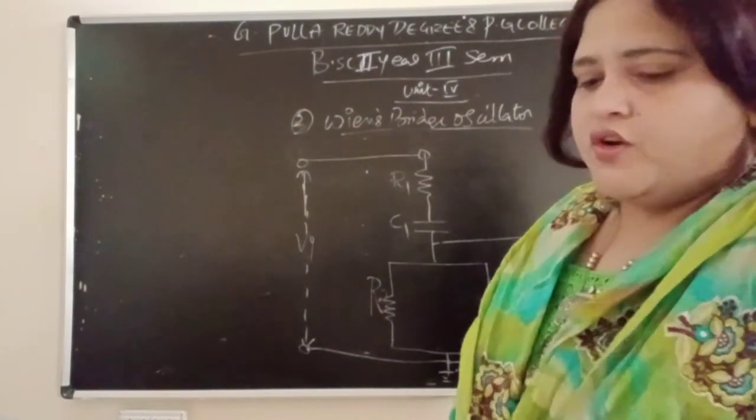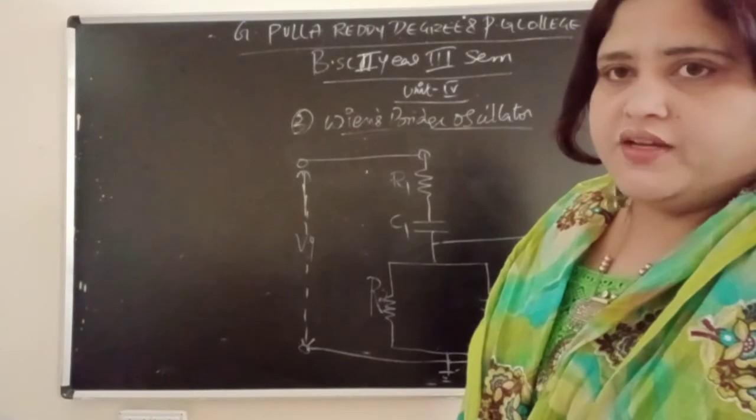Then after connecting, you should write the description. In the description you will write that the Wien bridge network is shown in the figure below.